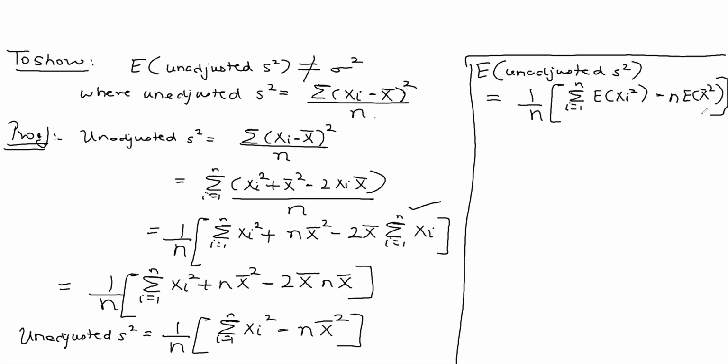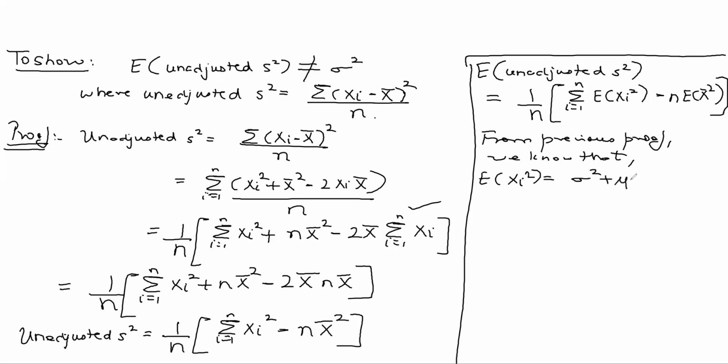Okay, and from the previous proof, we know that expected value of xi square is how much? Sigma square plus mu square, and expected value of x bar square is sigma square by n plus mu square.